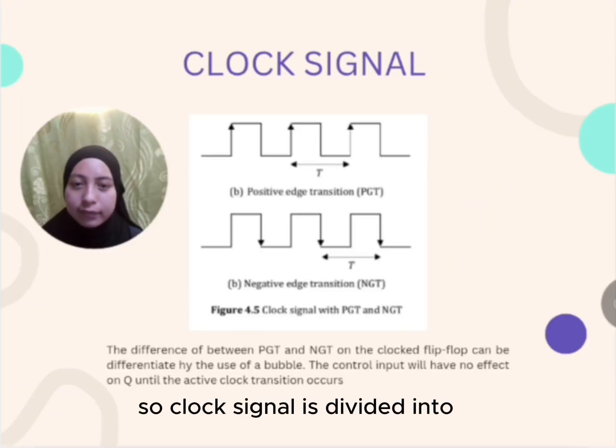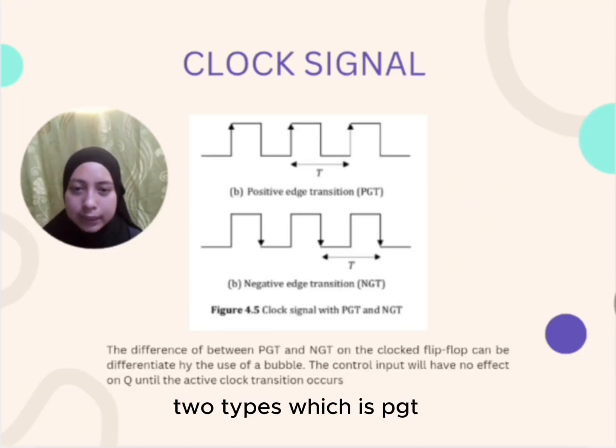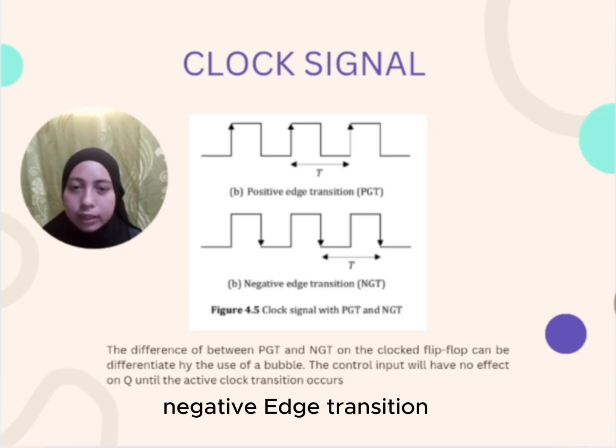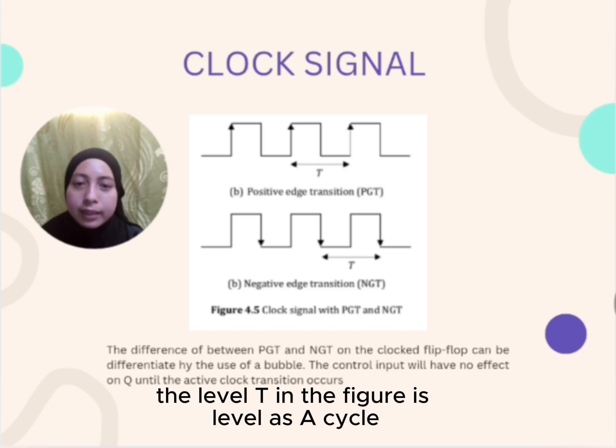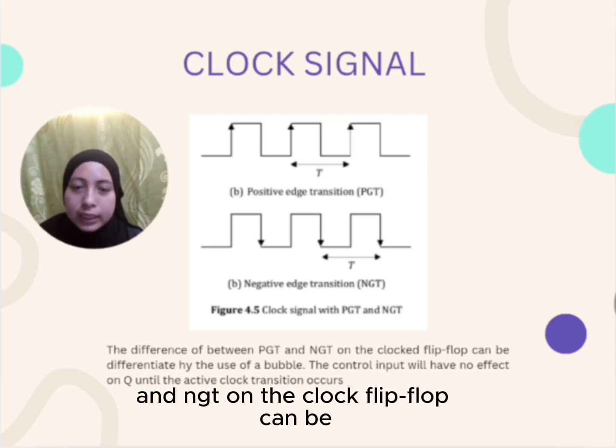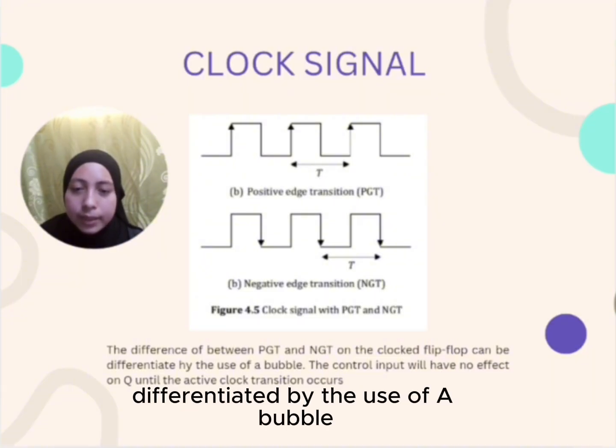The clock signal is divided into two types, which are PGT, positive going transition, and NGT, negative going transition. The label T in the figure is labeled as a cycle. The difference between PGT and NGT on the clocked flip-flop can be differentiated by the use of a bubble.